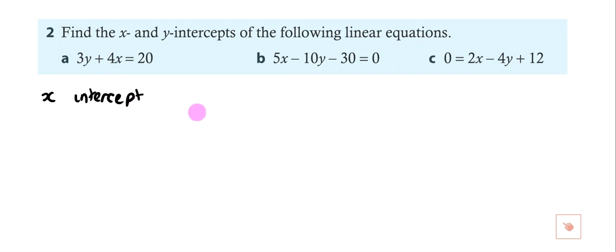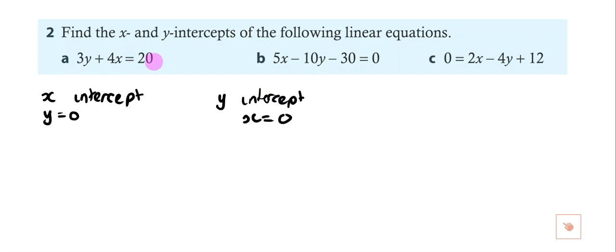It's when y equals 0. So the x-intercept is found when y equals 0, and the y-intercept is when x equals 0. That's all we need to know for this.